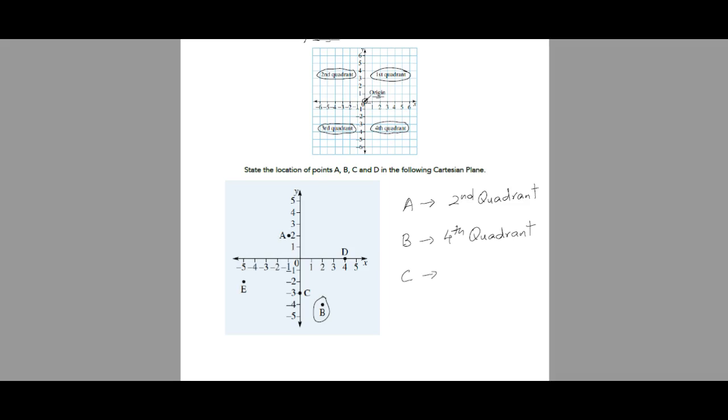It is not in any quadrant, but it directly falls on the y-axis. So we're going to write it just as on the y-axis. Point D, what do we notice about point D? It is directly falling on the x-axis. So we're just going to call it on the x-axis. And finally, point E. Point E is in the third quadrant.